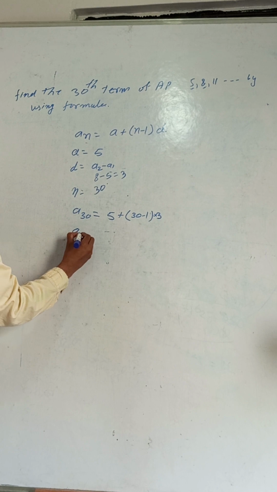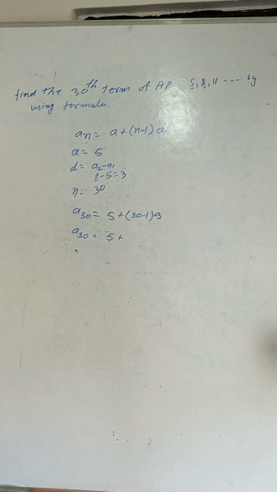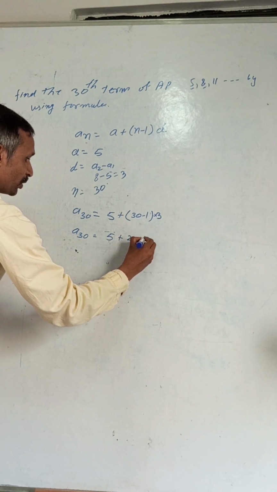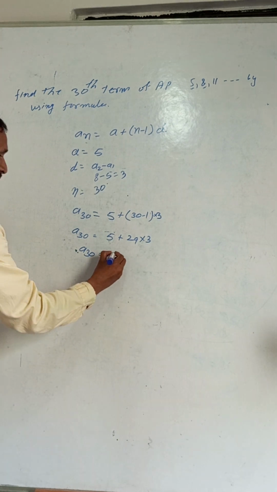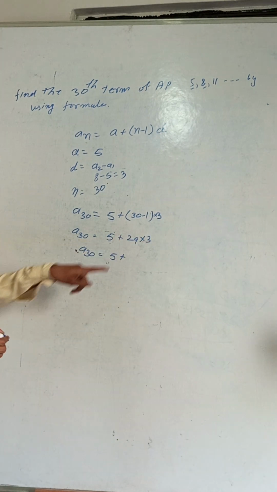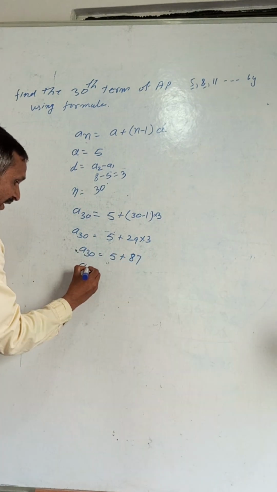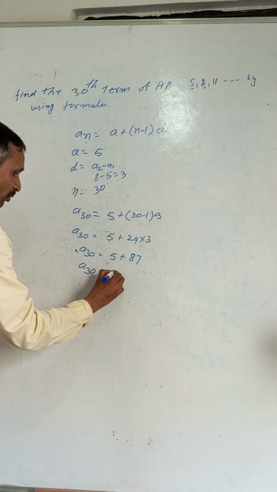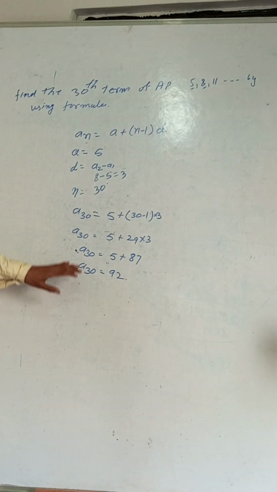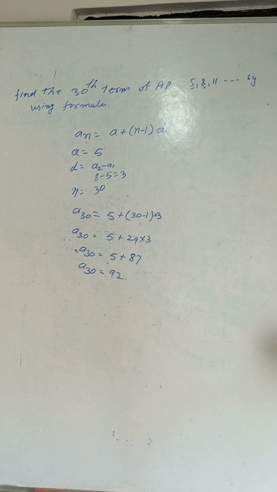Then a30 is equal to 5 plus 30 minus 1, which is 29, into 3. 29 threes are 87. Then a30 is equal to 87 plus 5, which is equal to 92. So the 30th term of the given AP is 92.